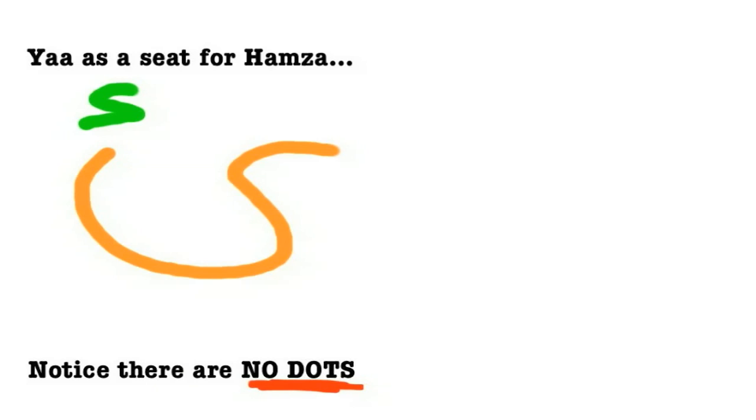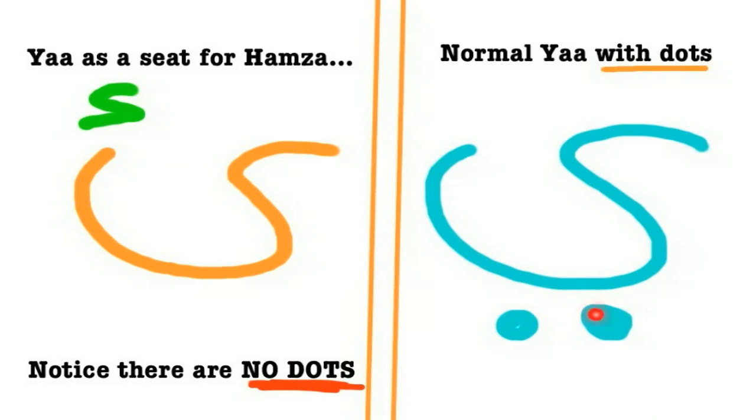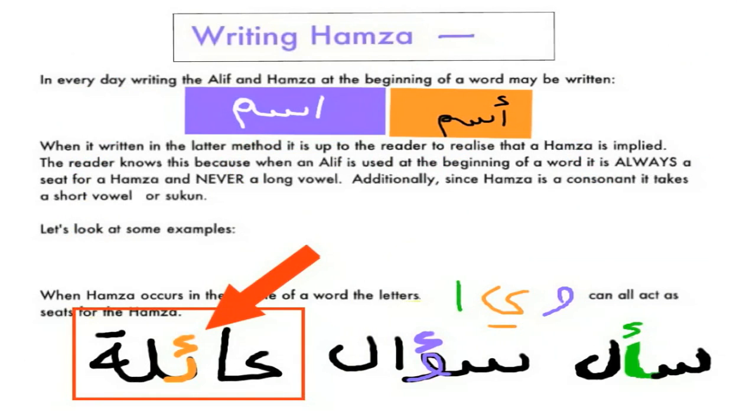Note that when ya serves as a seat for Hamza, it has no dot. Compare it to here, normal ya, which has 2 dots. Notice that in the word aila, the ya, which serves as a seat for Hamza, doesn't have any dots.